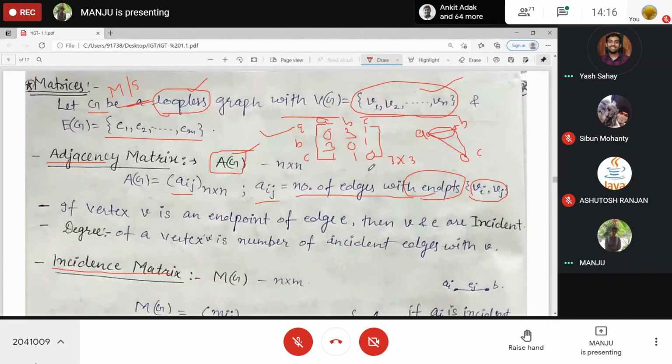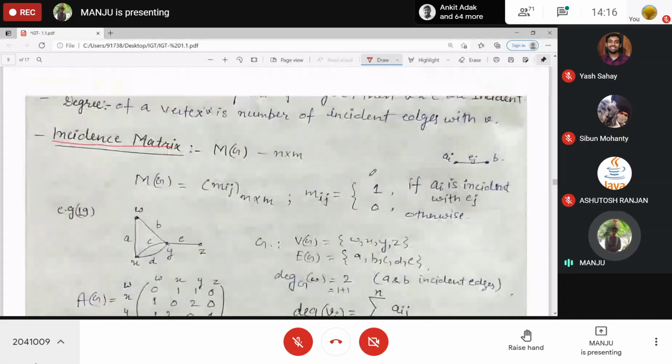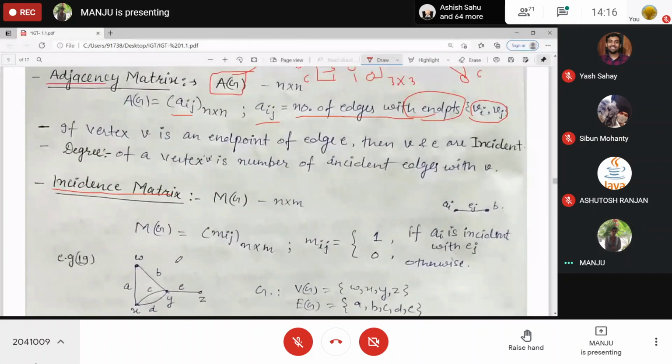Okay, then find the adjacency matrix for this graph. Here the vertex set is W, X, Y, Z, and the edges are a, b, c, d, e.